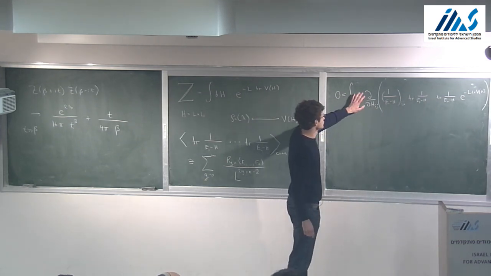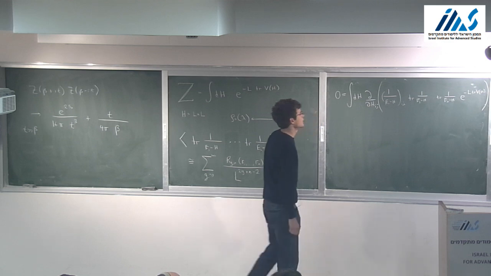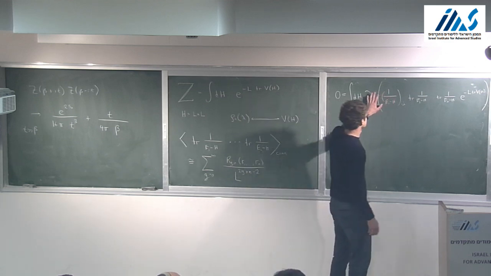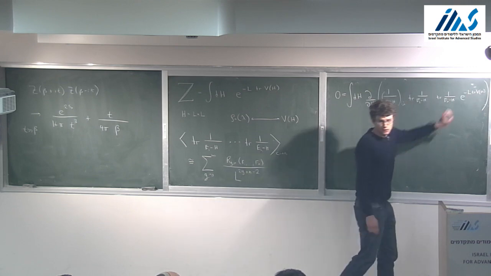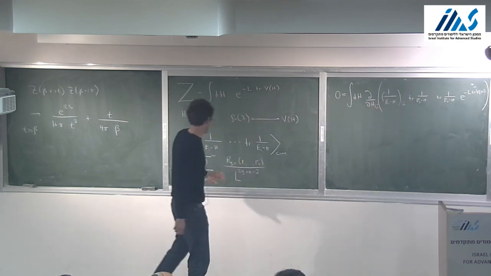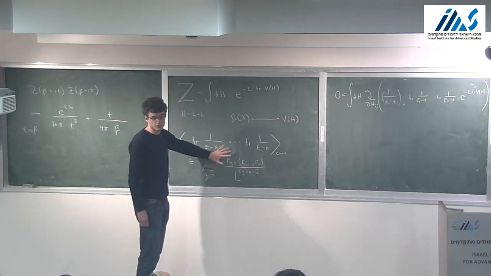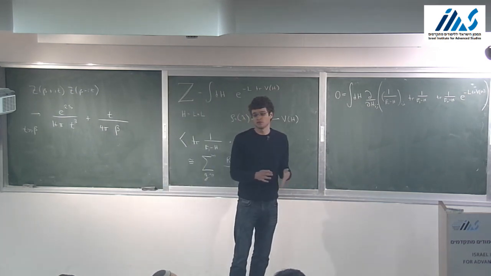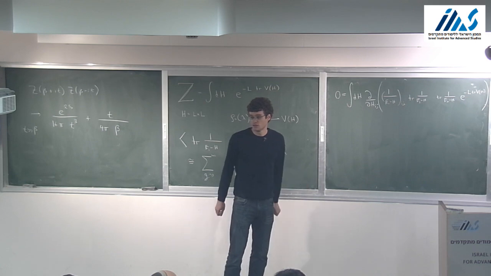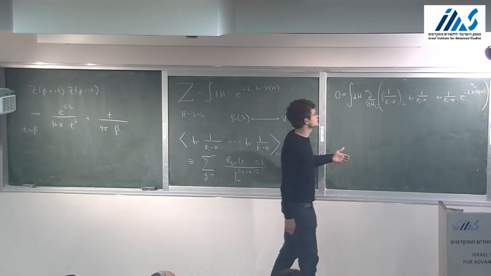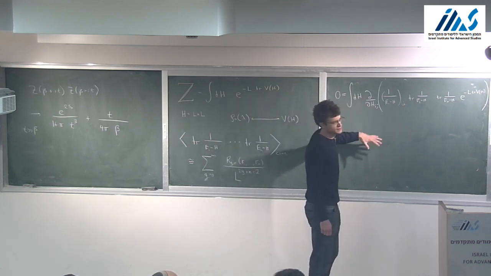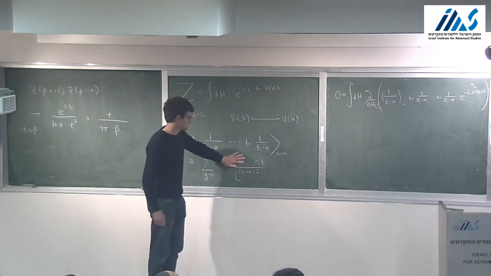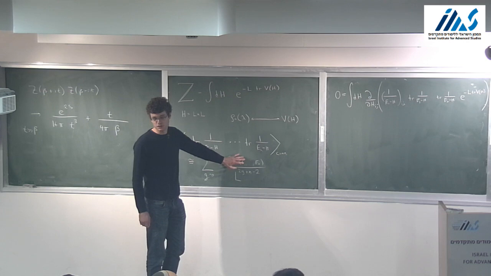So it's 0 because we're integrating a total derivative. It looks like a sort of trivial equation, but if you distribute the derivative over these terms, use this 1 over L expansion of the resolvents, and then collect terms of a given order in 1 over L, you get a recursion relation that determines higher genus resolvents in terms of lower genus functions like this.